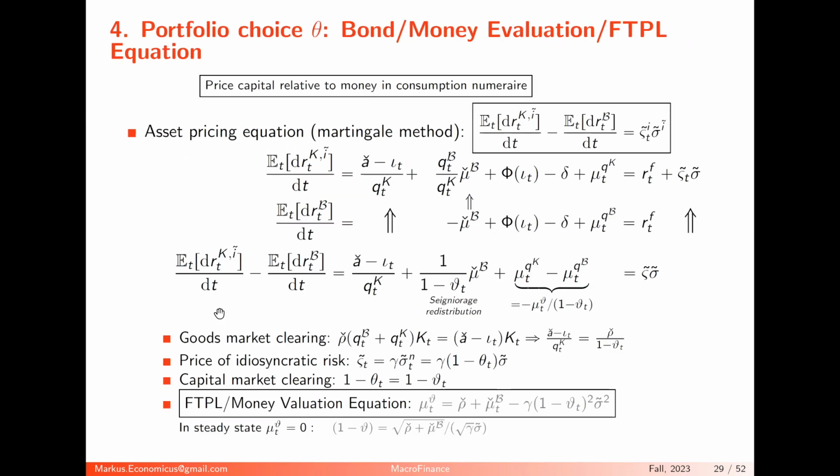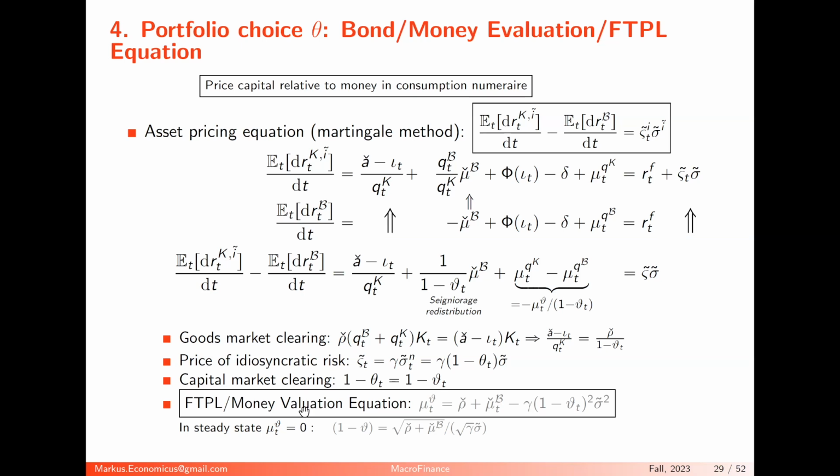Now I can plug in this varsigma. I get this price from the other slide. Capital markets clearing: theta is like varTheta, and if I put all of this together, and you do this at home, it's just simple algebra.